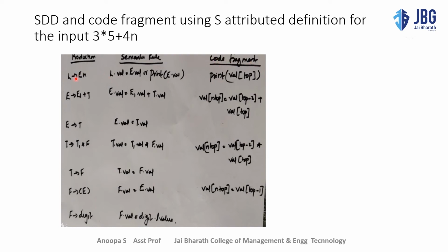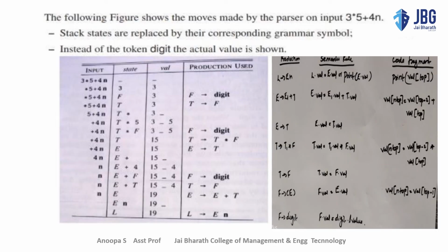So if I am having an L giving En, I have to print the value on top. For E giving E plus T, I have to pop the top three symbols, perform addition of the first and last one, and then push it again on the stack. Similarly, it's for multiplication and lastly for the expression. So let us see how we will traverse through this one.